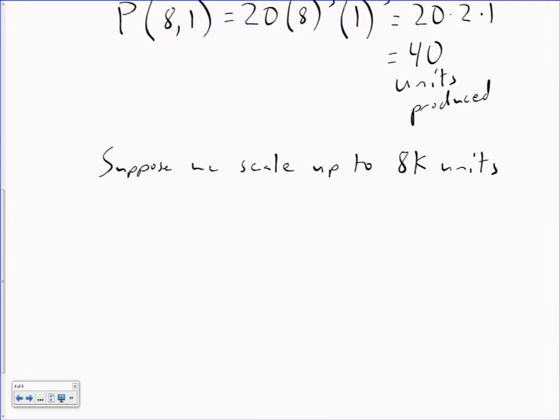So I used to have 8, now I'm going to scale up to say 8K units of labor, and K units of capital. So maybe K is 2, and so I'm doubling my labor input and my capital input.